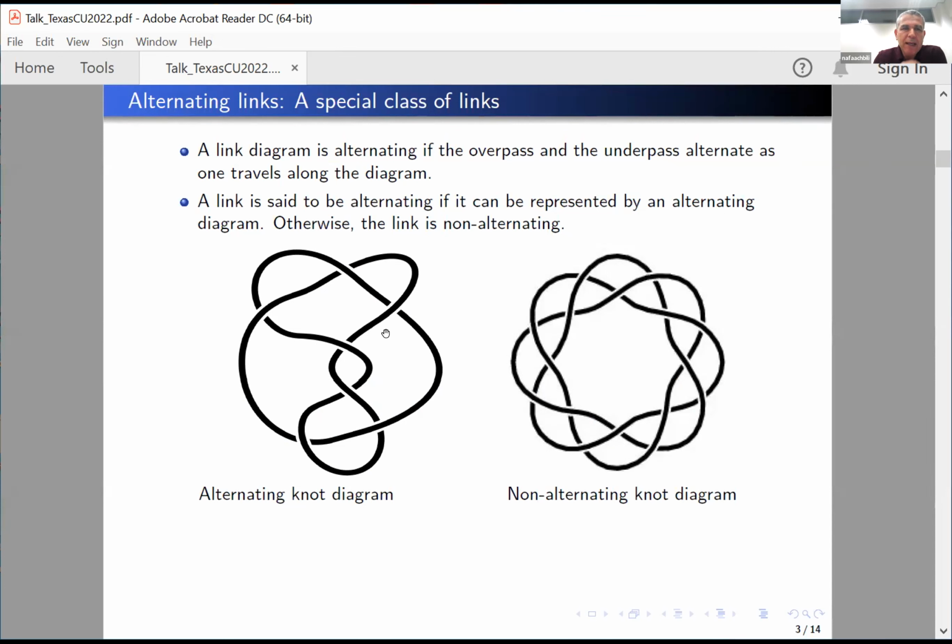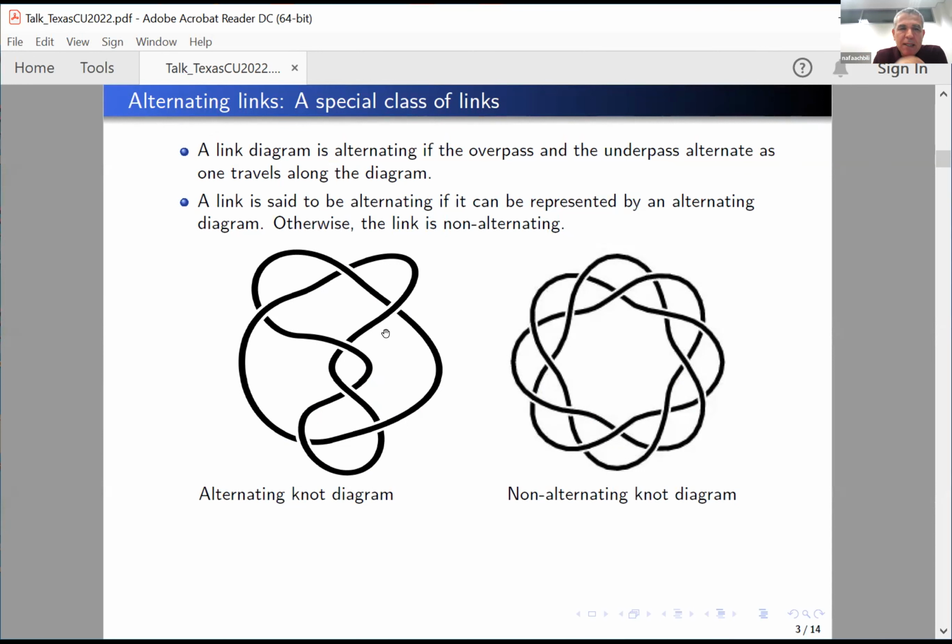A link diagram is alternating if, when you travel along one component of the diagram starting from any point, the overpasses and underpasses alternate.